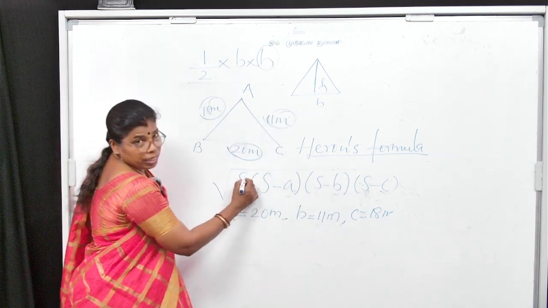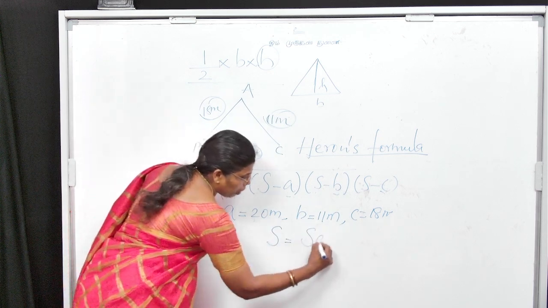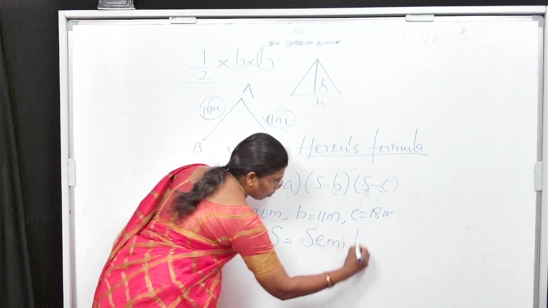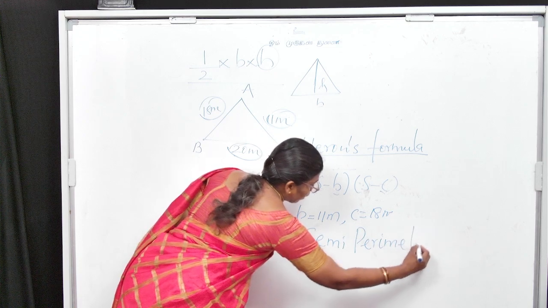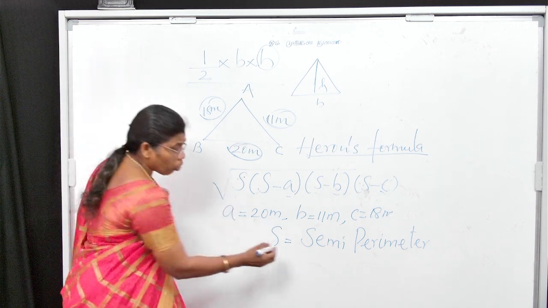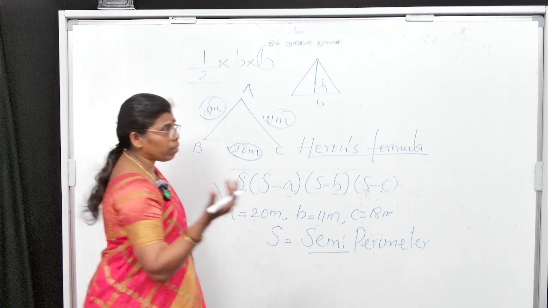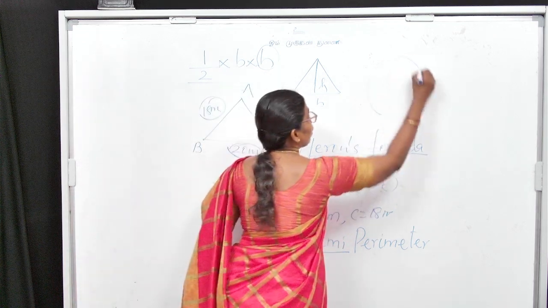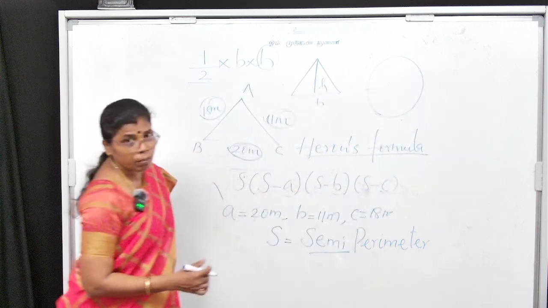And what is S? S is the semi-perimeter of a triangle. What do you mean? You would have learnt perimeter in earlier classes. Perimeter is the sum of all the sides. What do you mean by semi-perimeter? You would have learned semicircle. What is a semicircle? When a circle is divided into two equal parts, that is a semicircle.